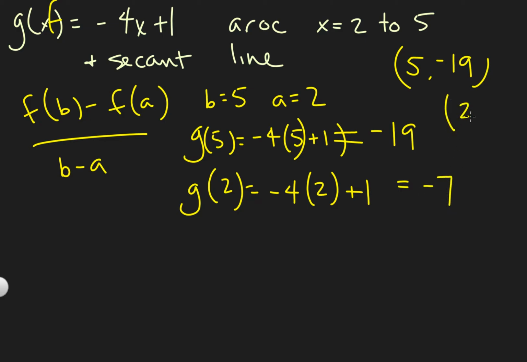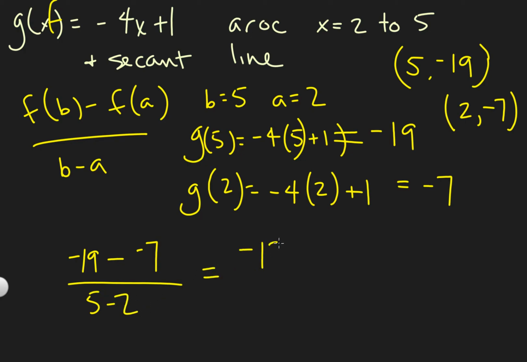So my second point is (2, -7). So I've got negative 19 minus negative 7 over 5 minus 2. This is going to give me negative 12 over 3, or negative 4. So that's my average rate of change.